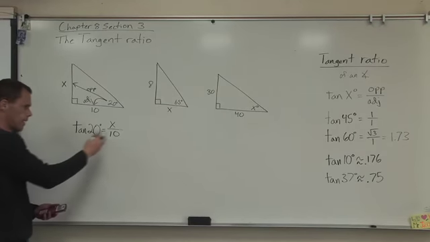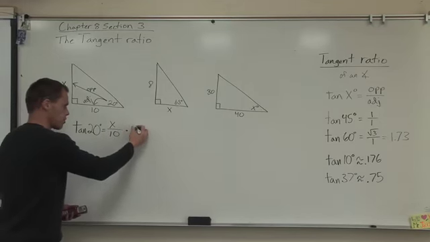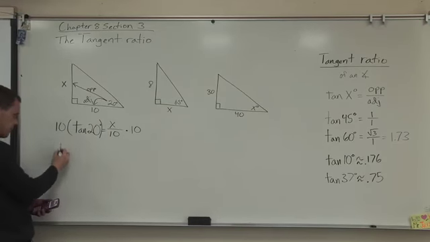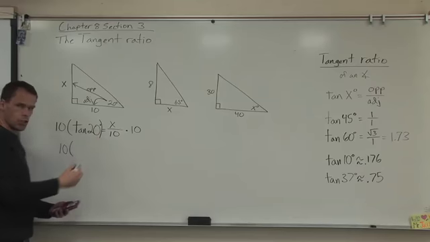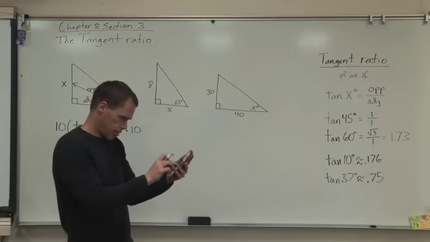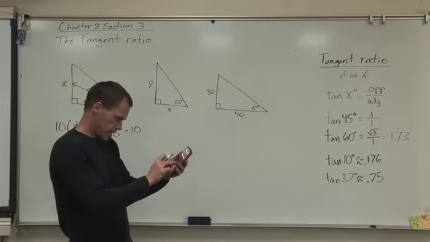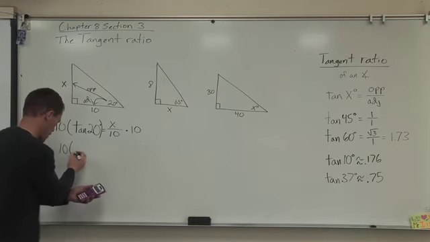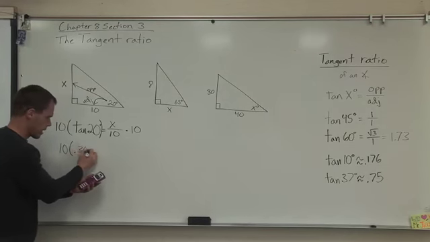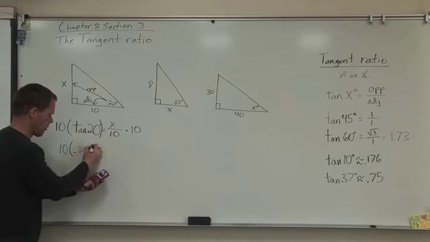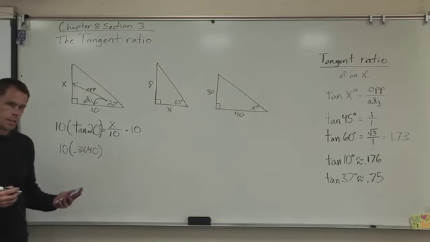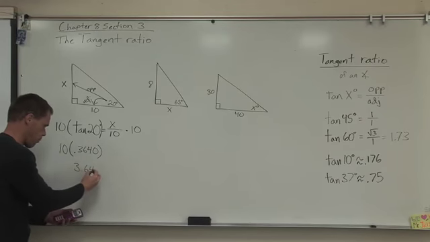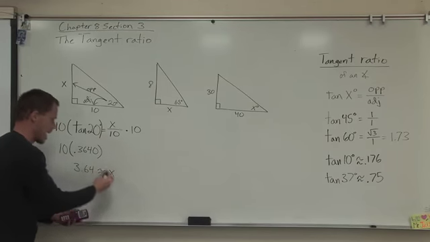At this point, I could multiply both sides by 10, and I have 10 times tangent 20. My calculator can tell me tangent 20: 0.3639. Now I can multiply this by 10, and I get 3.64 is approximately x.